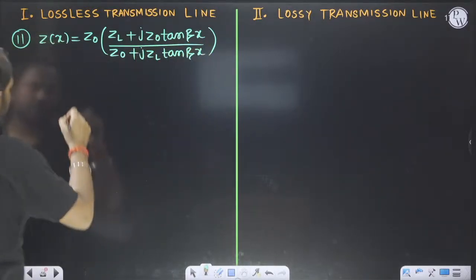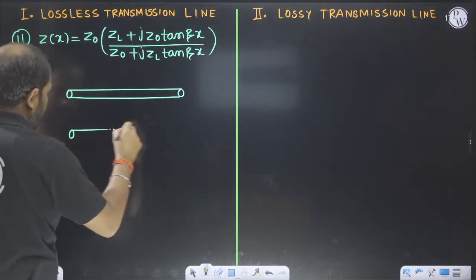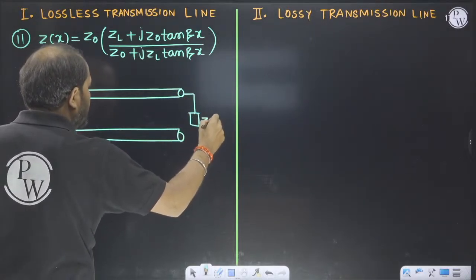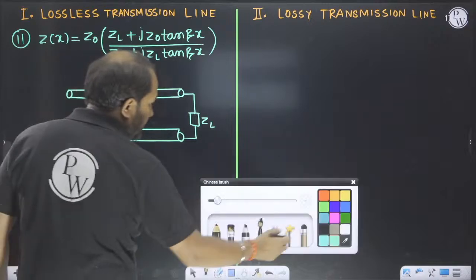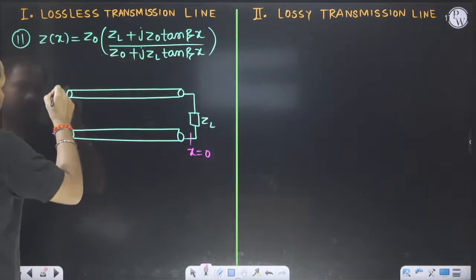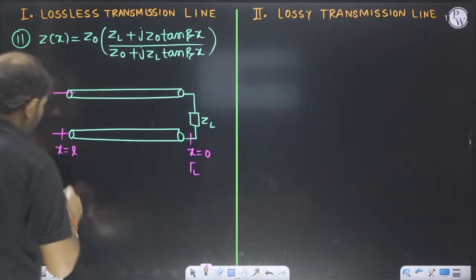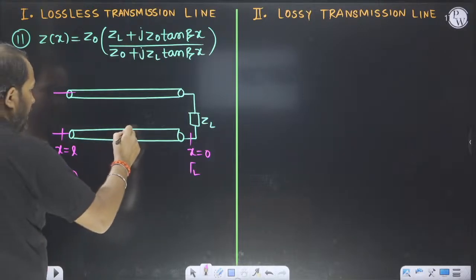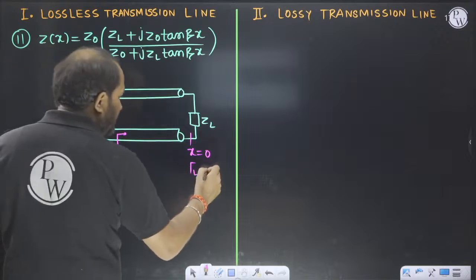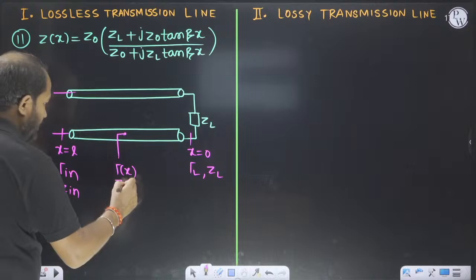So this is our transmission line, and this is our load. This one is x is equal to 0, and this one is x is equal to L. At this point gamma L, at this point gamma in, at this point gamma x. Here is the input impedance, and here Zx.